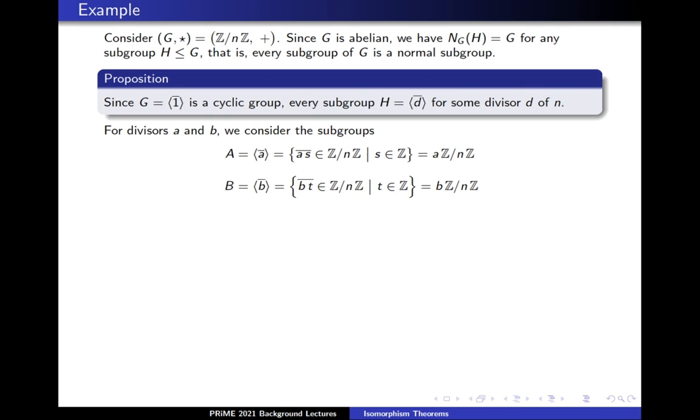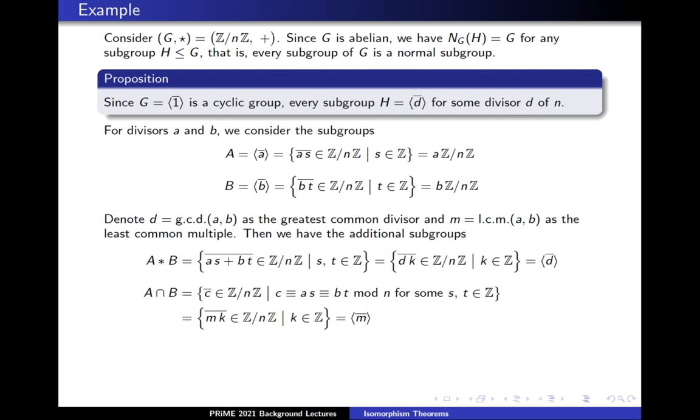And big B is generated by little b bar, or the set of all BT bar in Z mod NZ, such that T is an integer. And this is equal to BZ mod NZ. So let's denote D as the GCD of A and B, or the greatest common divisor. And let's let M be the LCM, or the least common multiple of A and B.